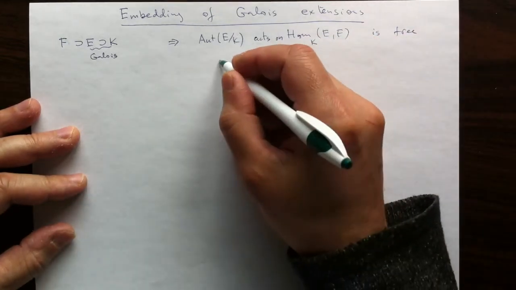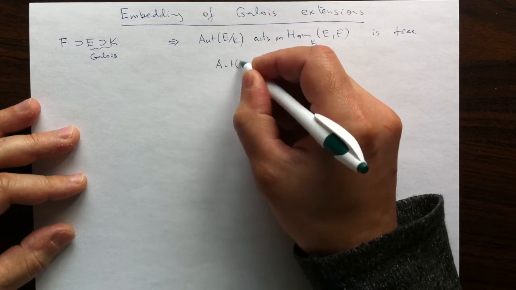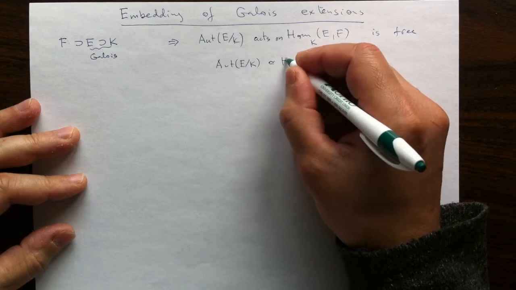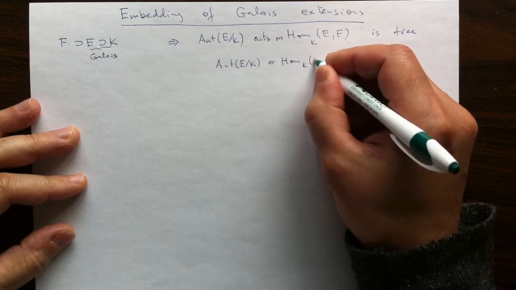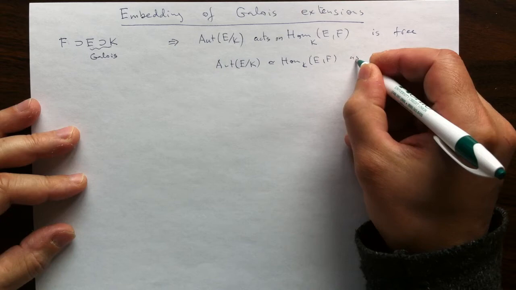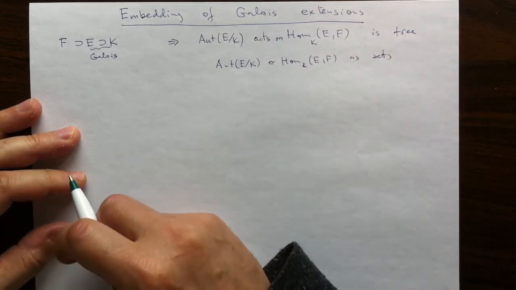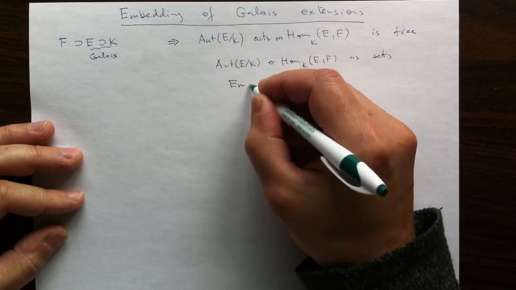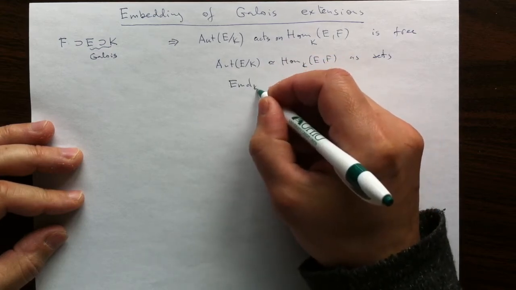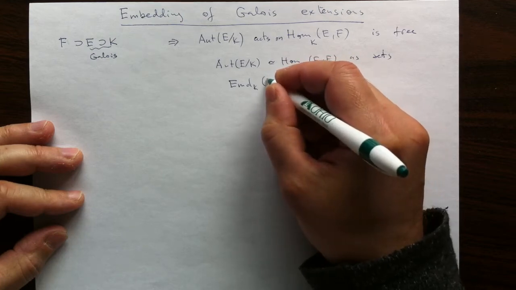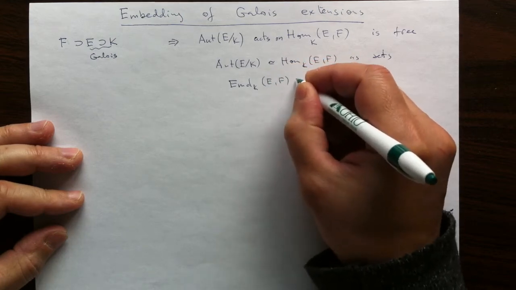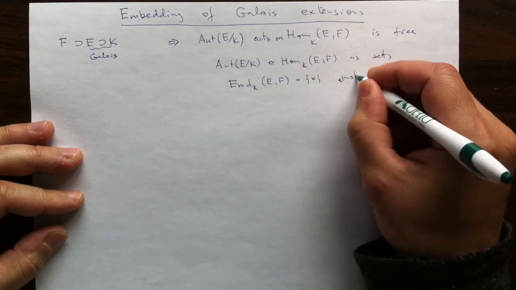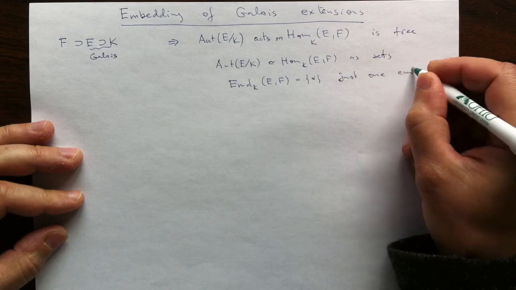An alternative way to say that, but a slightly less informative way, is to say that these two are in bijection as sets. And the informal statement which I made first is that embeddings as K-extensions of E into F is just a one-element set. Just one embedding.